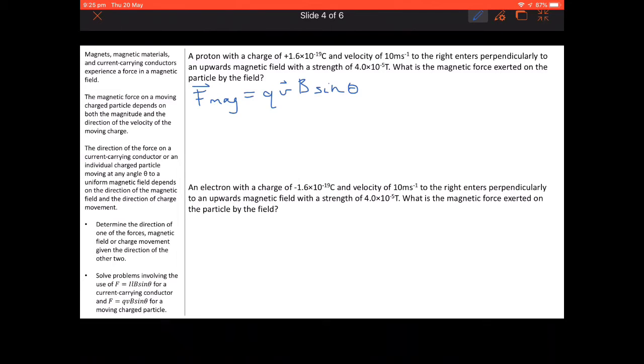This is entering perpendicularly, so we know that the angle is going to be 90 degrees. From here we can just sub in our values, so Q is going to be 1.6 by 10 to the negative 19. Velocity is going to be 10 meters per second to the right. We'll take right as the positive direction.